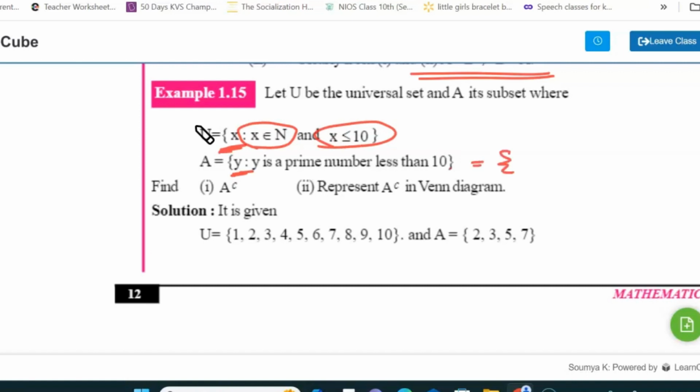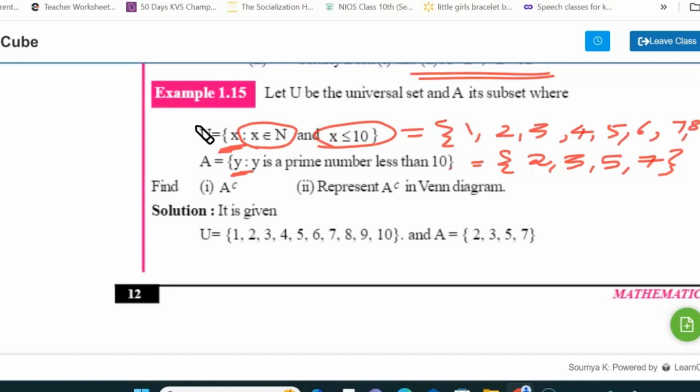So A will have the elements as prime numbers less than 10: 2, 3, 5, 7. And you will have natural numbers 1, 2, 3, 4, 5, 6, 7, 8, 9 and 10 included, since less than or equal to 10 is given. So 1 to 10 elements are in the universal set.